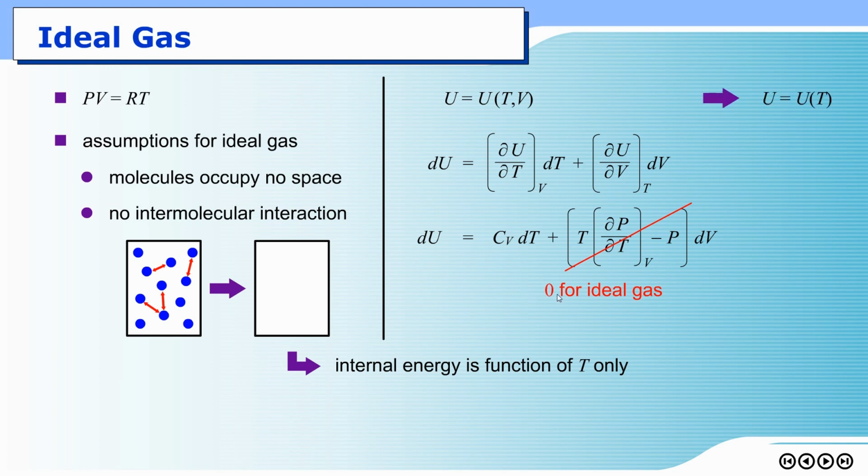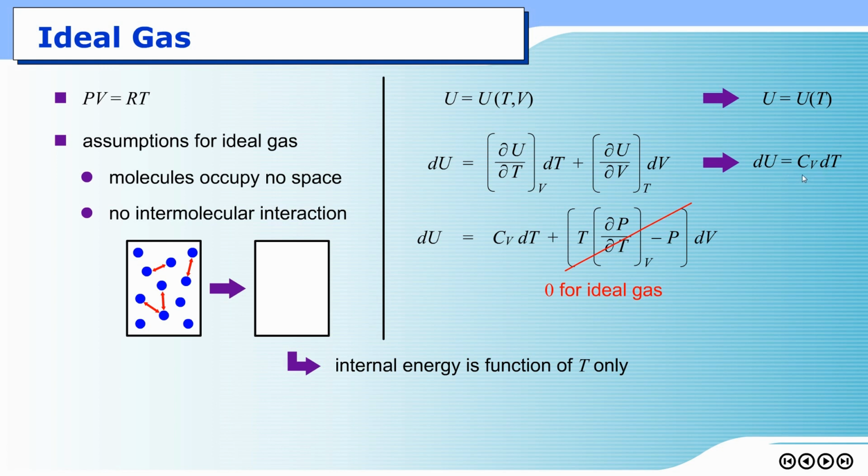On the other hand, if you start from saying that internal energy is a function of temperature only from the discussion of these two assumptions, then we can say that internal energy is a function of only one variable, temperature. If you take the derivative, dU will now equal CV dT.